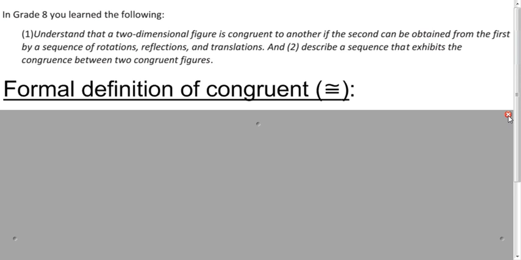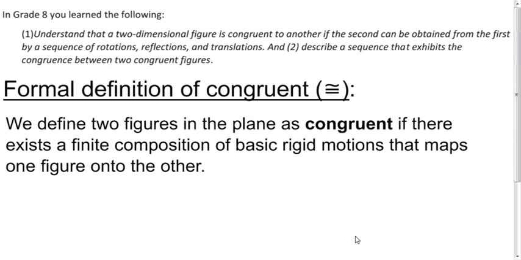So here is our high school precise definition of congruence. So there is a sequence of basic rigid motions that map one to the other. I'm going to use the word finite here because when you do something an infinite amount of times, sometimes certain properties don't hold. So we want to make sure that we can count how many different transformations we're doing. So that's why the word finite is in there.